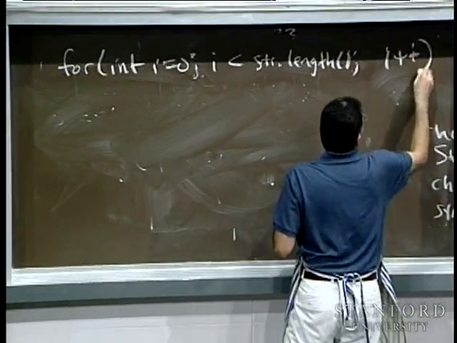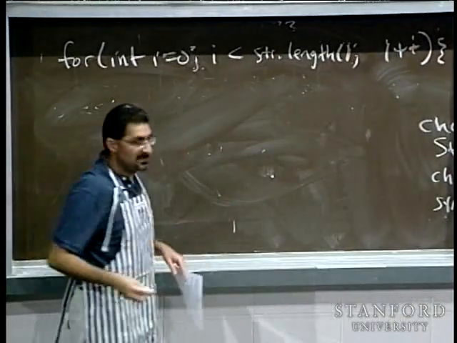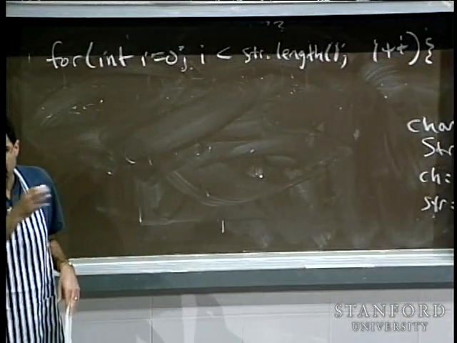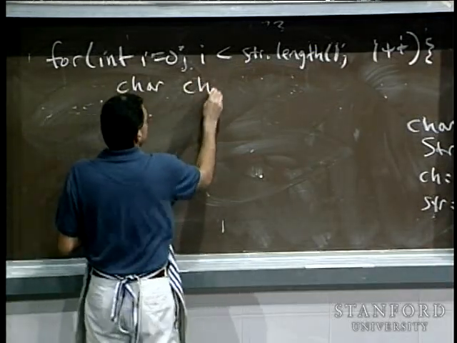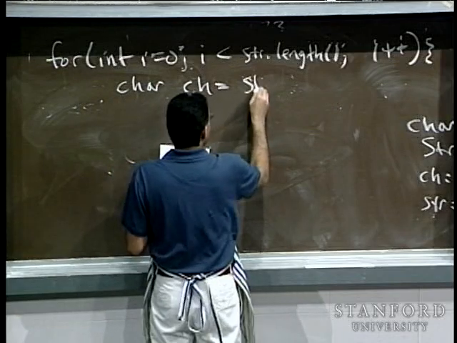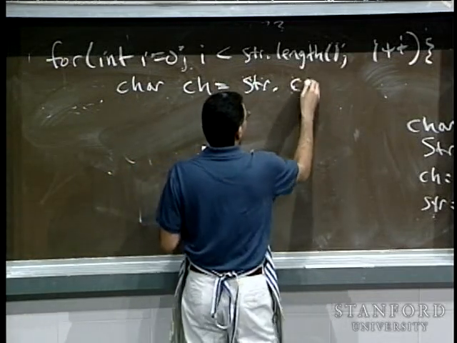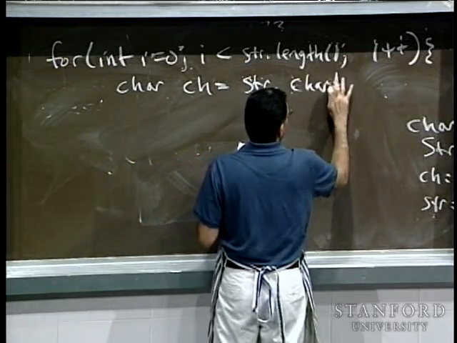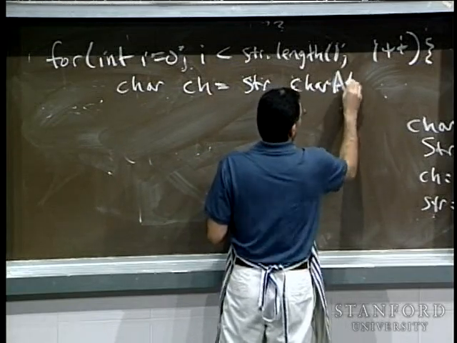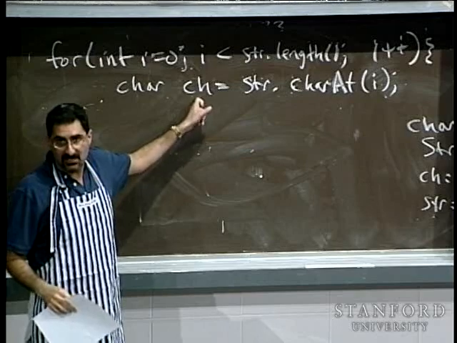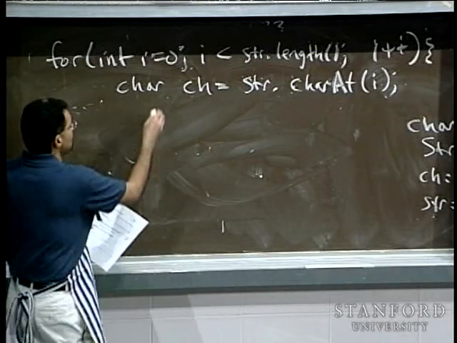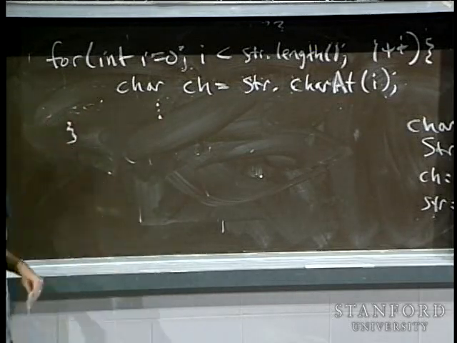This is going to go through, indexing the string from 0 up to the number of characters that it has. And then inside here we might say char ch equals str.charAt(i). What that means is one by one you're going to get each character in the string in ch. And then potentially you do something with those characters and then you're done.